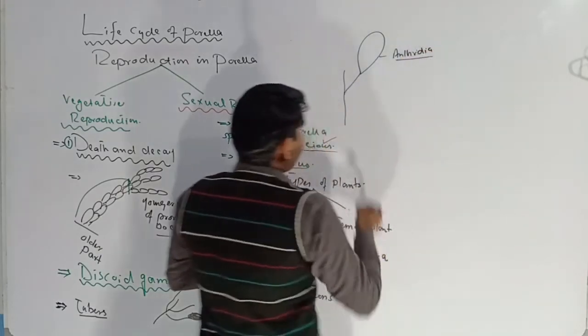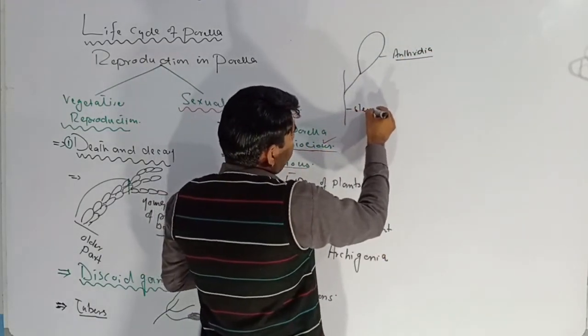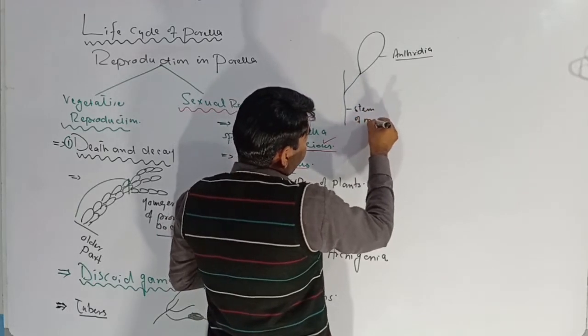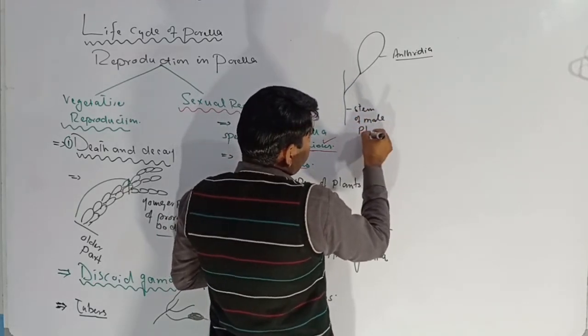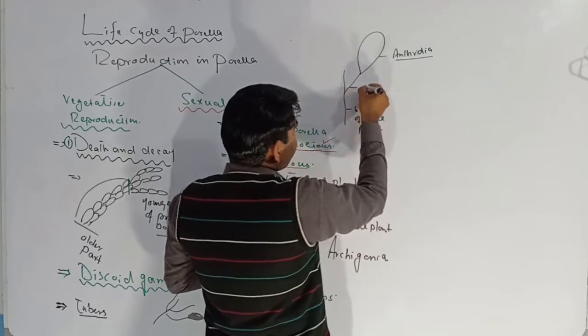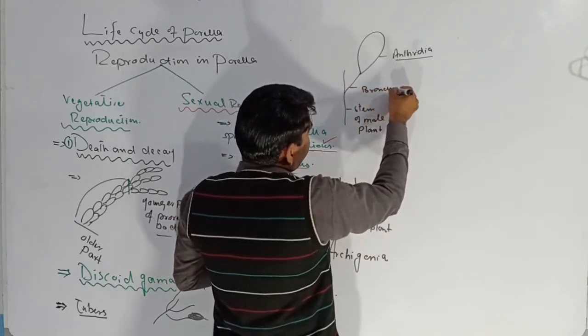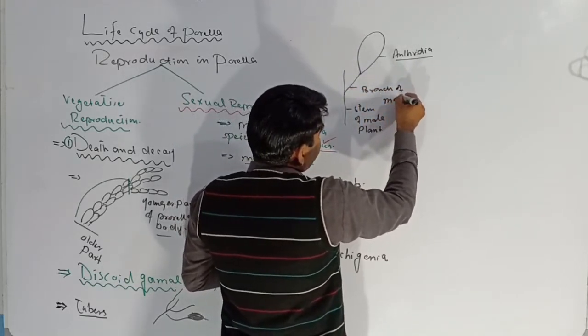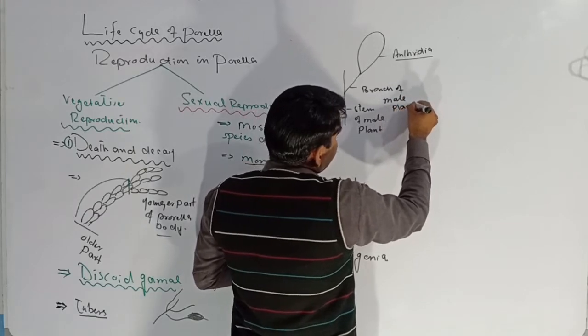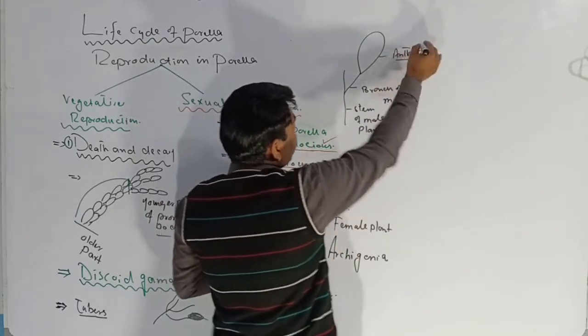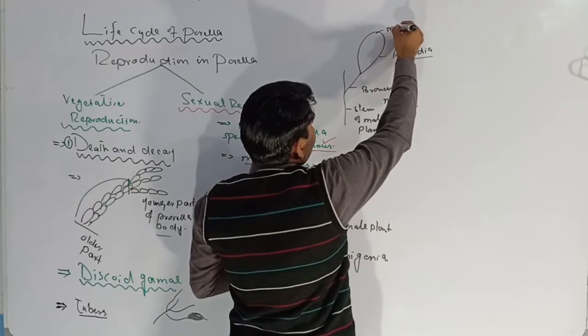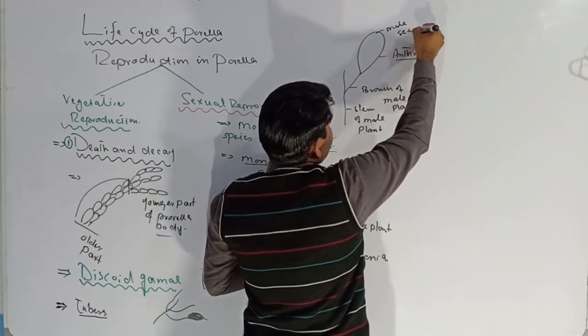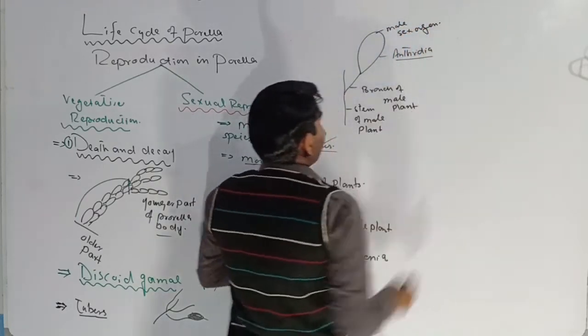This is the stem of the male plant. This one is a branch of the male plant. This one is an antheridium, which is a male sex organ.